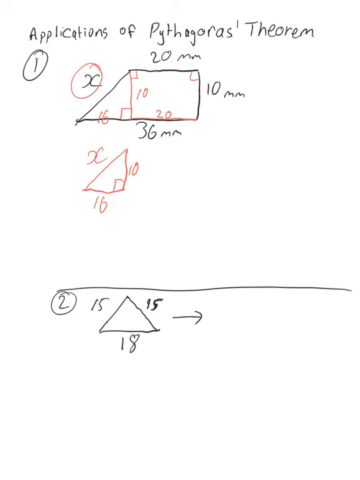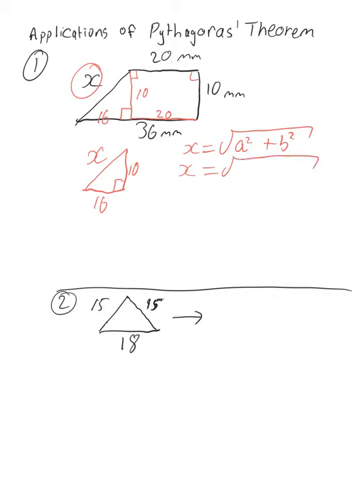So now we just have a simple right-angled triangle where we're being asked to find the hypotenuse, okay? And as we know from the previous exercise, c, or x in this case, will equal the square root of a squared plus b squared, in which case a is 10 and b is 16.